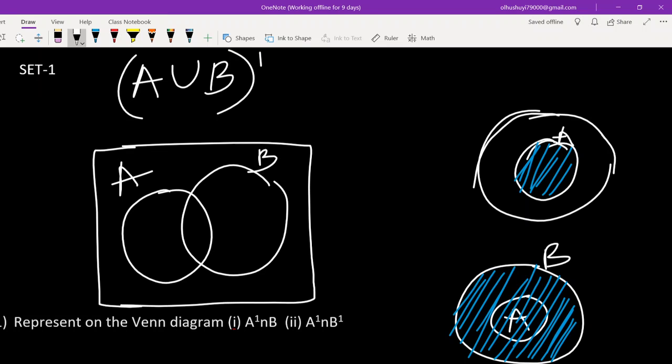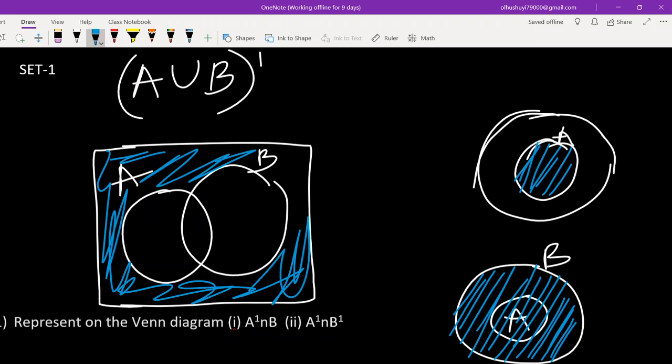The union of both of them, but not there. It means union of A, B prime, not involving their union. Everything inside this place and everything inside this place is their union. But prime means not inside their union. It actually means the region will be here, outside. So this is A union B prime.